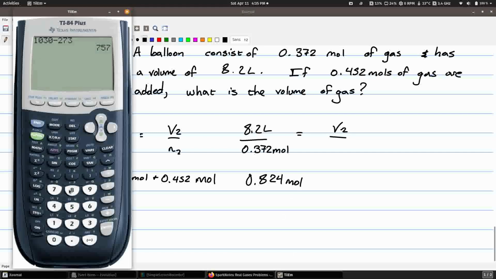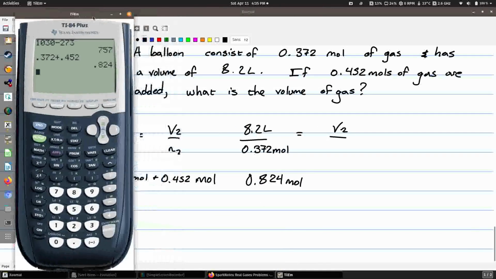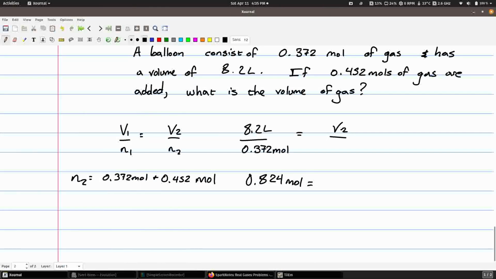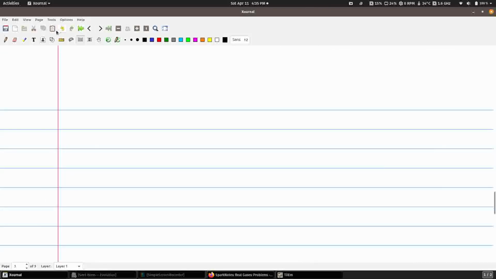Let me double check that, because sometimes I do math in my head wrong. 0.372 plus 0.452. Yeah, that's good. So this would be equal to N2. So you plug that in over here. I'm going to copy this, and we're going to go to the next page.